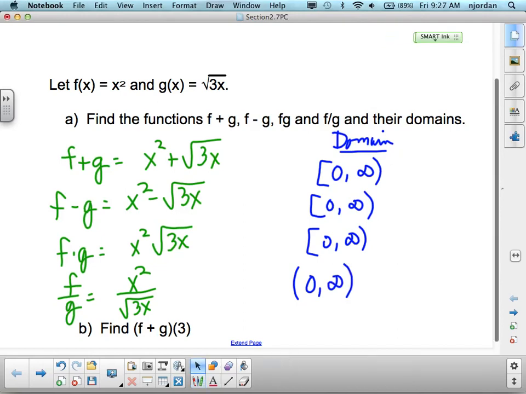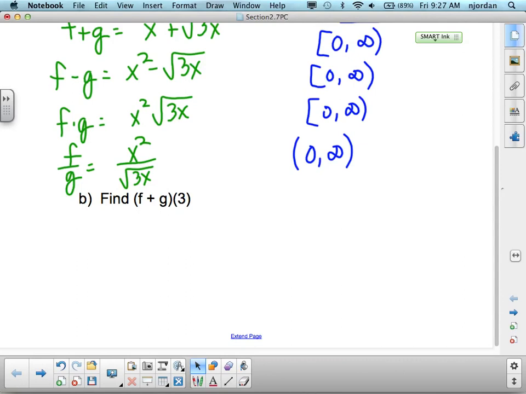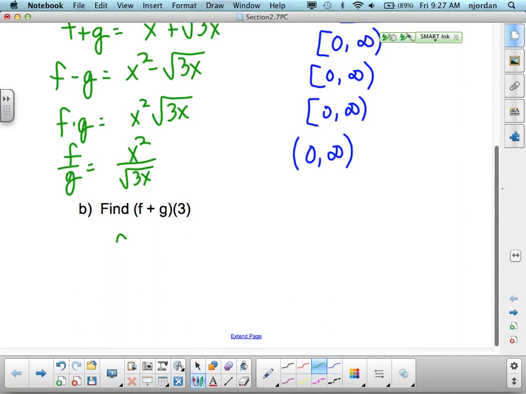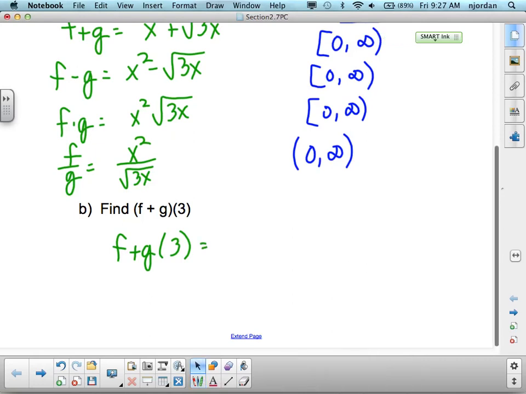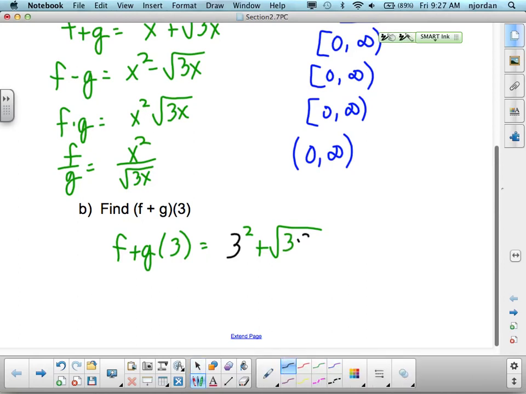Okay? Now, if I'm asking you to evaluate or find f plus g at 3, again, some of this is just notation for some of you. Here's what we're going to do. We're going to take the function that we got when we added and substitute in 3. My addition formula was x squared plus the square root of 3x, so 3 squared plus the square root of 3 times 3, substituting in this 3 here.